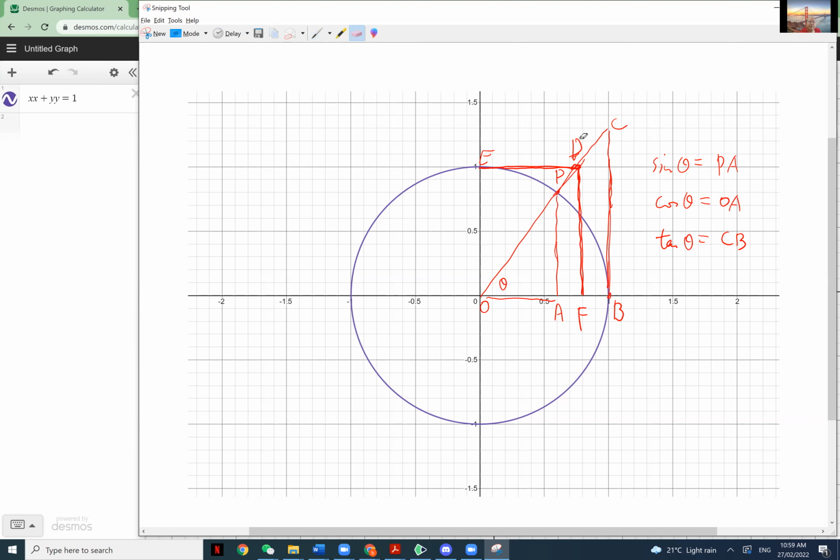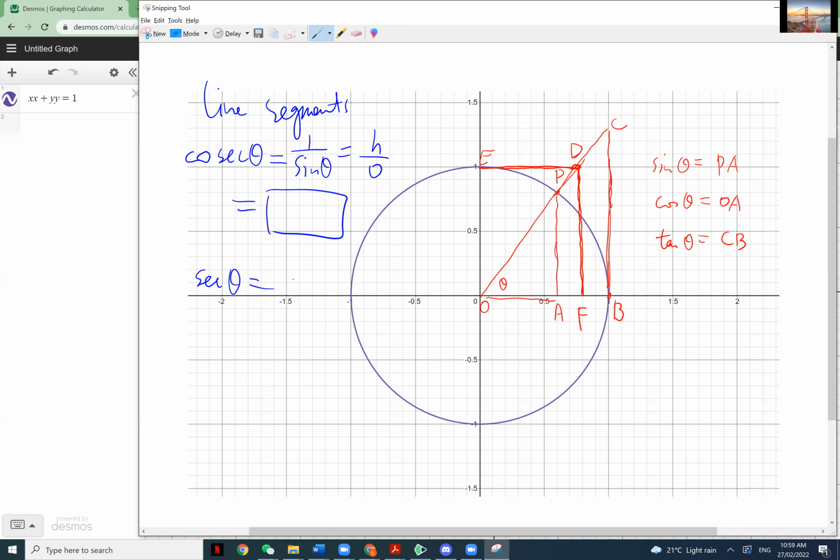Guys, question in the diagram. What's cosecant theta? It's 1 over sine, just H over O. We use a line segment for cosecant.